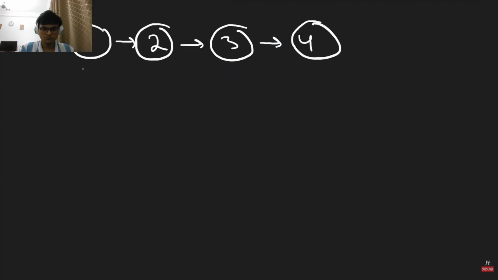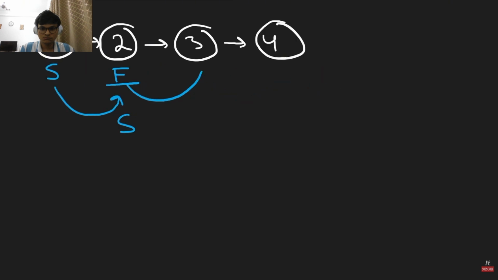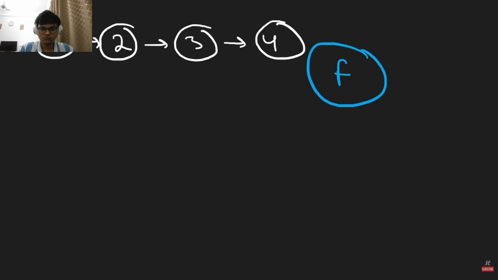So I'm going to have the slow pointer initially at the first and the fast pointer initially at the second node. We're going to be shifting the slow pointer by 1. We're going to be shifting the fast pointer by 2, and we're going to keep going until the fast pointer either reaches the end of the list or reaches the last value of the list.